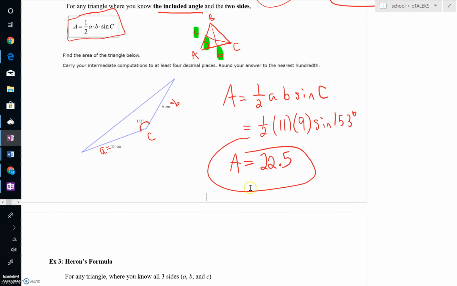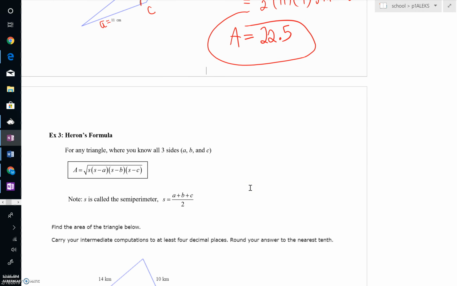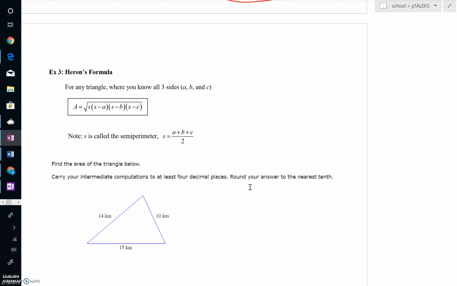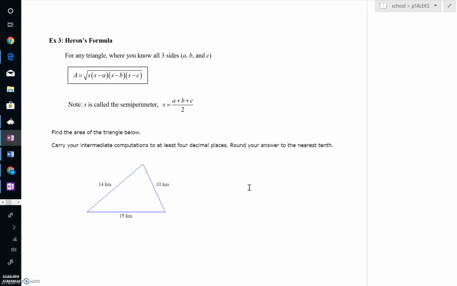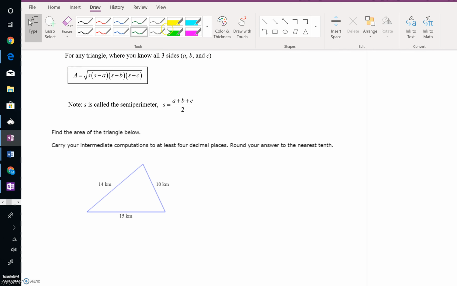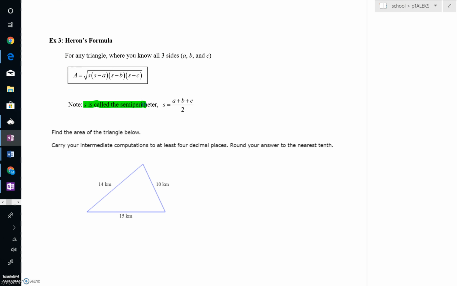The last problem that we're going to take a look at actually doesn't use trigonometry, but it's a wonderful formula. It's called Heron's formula. And for any triangle where you know all three sides, sides A, B, and C, the area is, well, if you find the semi-perimeter, means add up all three sides and divide by 2.